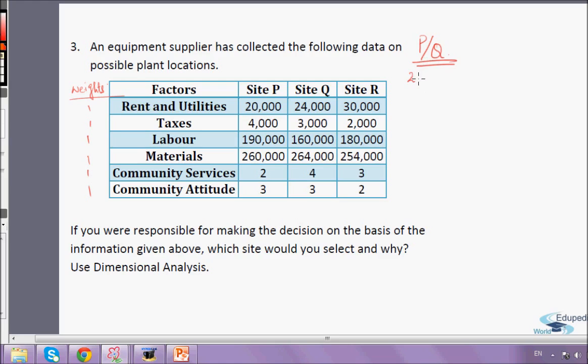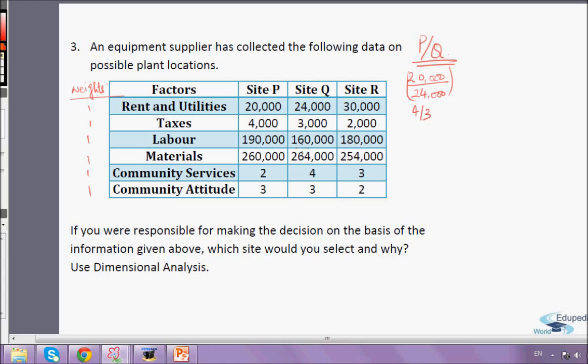The first case, rent and utilities, for P and Q, will be 20,000 divided by 24,000. The second would be 4,000 divided by 3,000. Let me write that straight away as 4 by 3. Third would be 190,000 divided by 160,000.